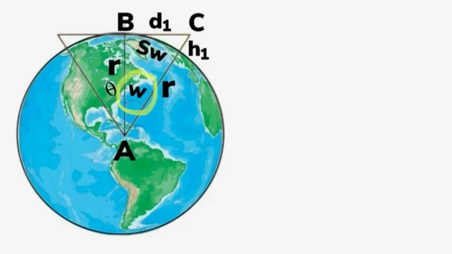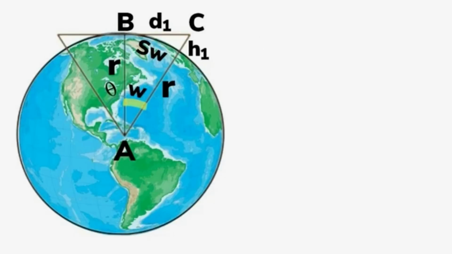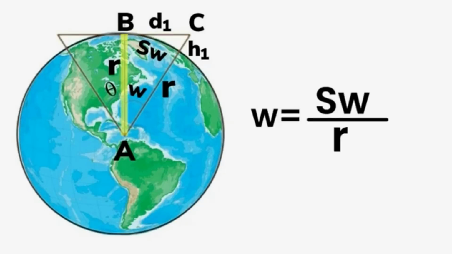Next, we will create a relationship between d1 and SW. Remember, W stands for the angle. The tangent of any angle is the ratio of the length of the opposite side divided by the adjacent side. For small angles, in this case, W is equal to d1 over the radius. Since angle, by definition, is arc over radius, we also have W equals SW over radius.